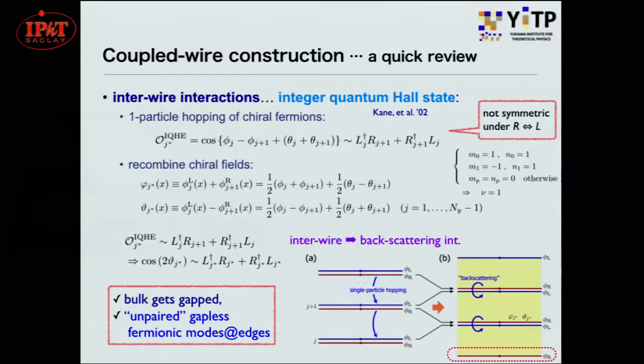The point of this single particle hopping is that if you make a change of variables in this way, we can leave an unpaired mode. So we couple this mode and this mode and this mode and so on. Then this single particle hopping will gap out the entire system, leaving an unpaired right-moving Dirac fermion at the edge of the system.